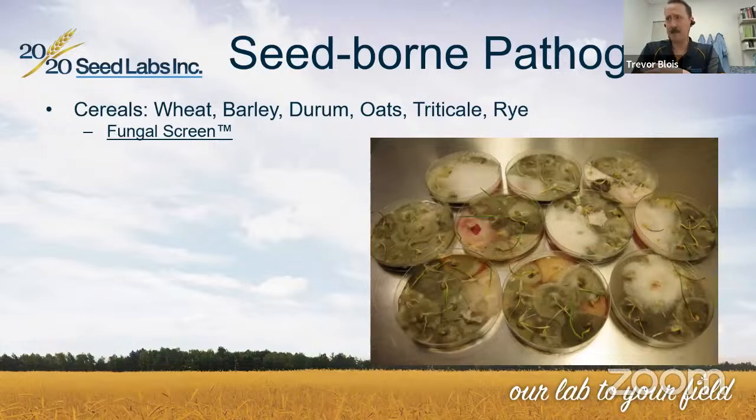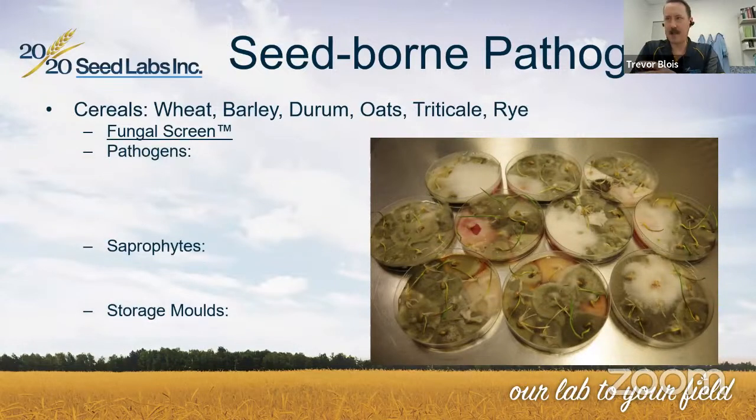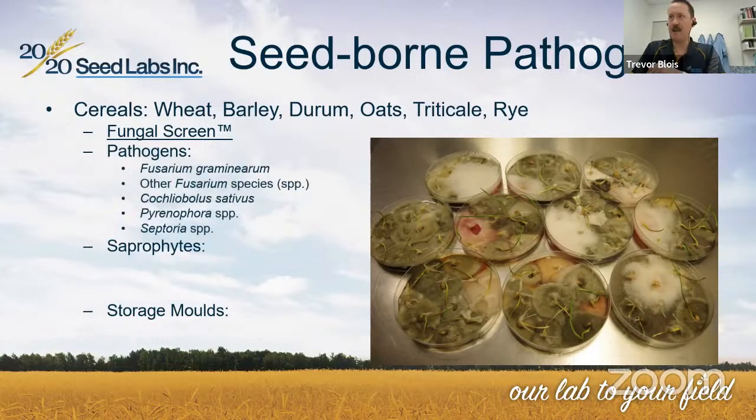Like I said, we can also look at everything else that's present on the seed that grows on PDA. We have a test called a fungal screen in cereals, and with this, we divide it up into different categories. Of course, it includes Fusarium graminearum and other Fusarium species, which is really important because when we're looking at the seedborne aspect, these are causing similar sorts of issues, seedling blights and root rots primarily.